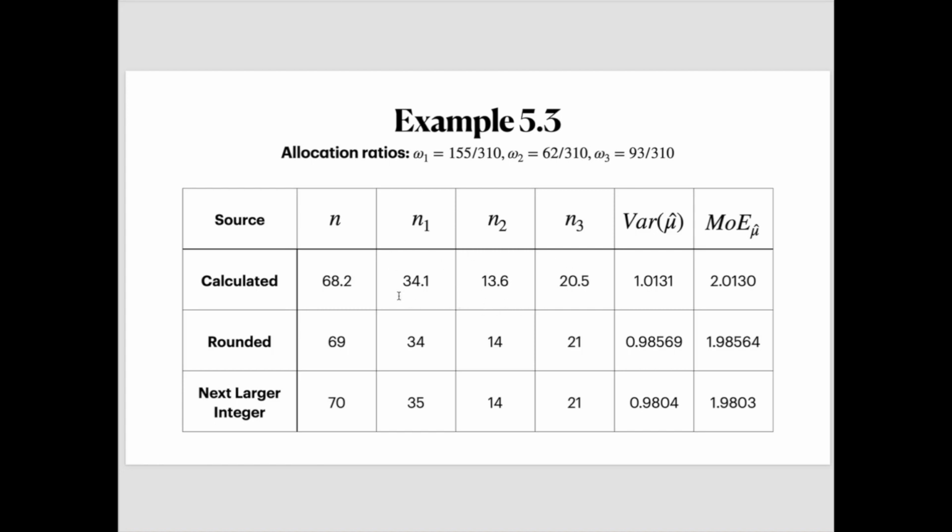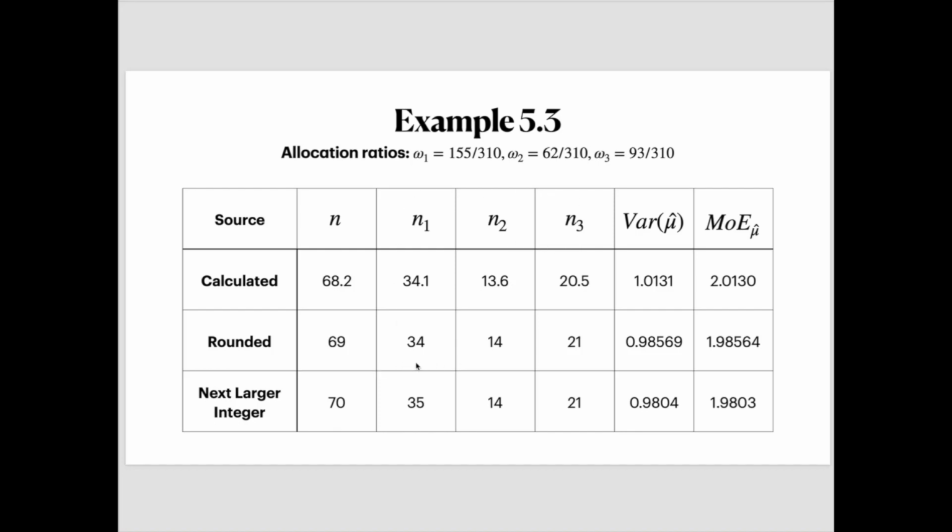So 34.1 rounds to 34, 13.6 rounds to 14, 20.5 rounds to 21. If we do that, then we get an overall sample size of 69. Now notice that that is not 68.2 rounded, right? But again, what we're rounding here is not the overall sample size, but we're rounding the stratum sample sizes.